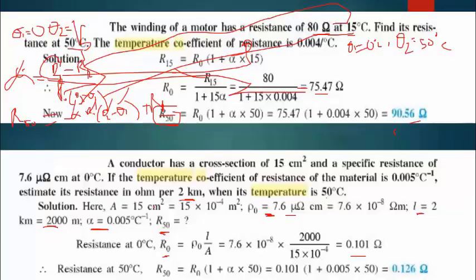It means that for these 2 kilometers, the conductor at 0 degrees centigrade has a resistance of 0.101.